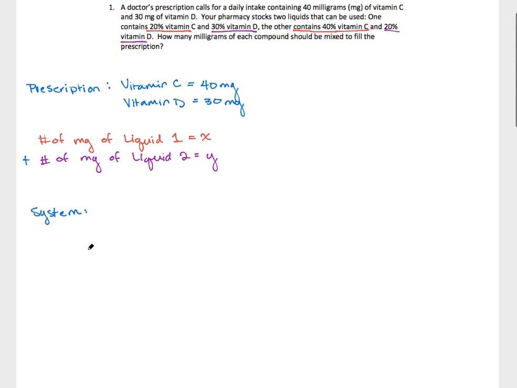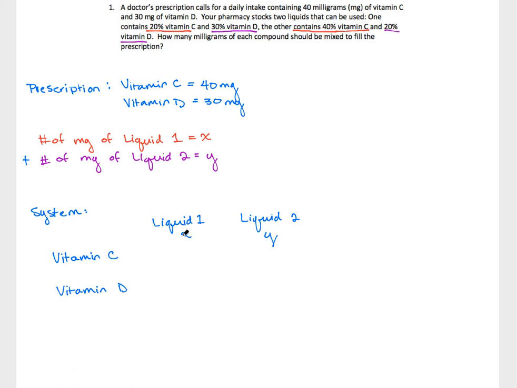So we know that we need a combination of vitamin C and vitamin D. Okay, and we've got liquid 1, which we called X, and we have liquid 2, which we called Y. Let's start filling things in.